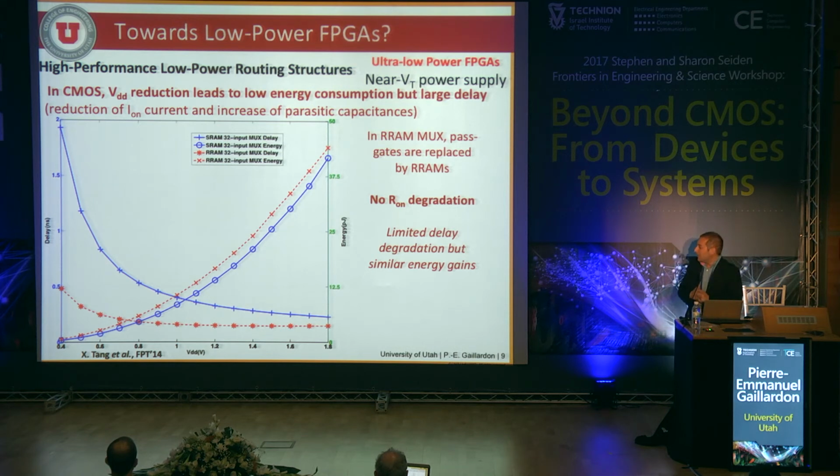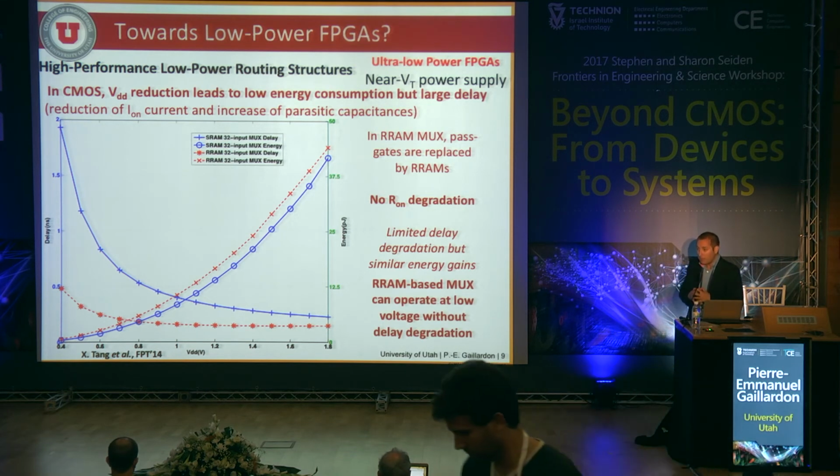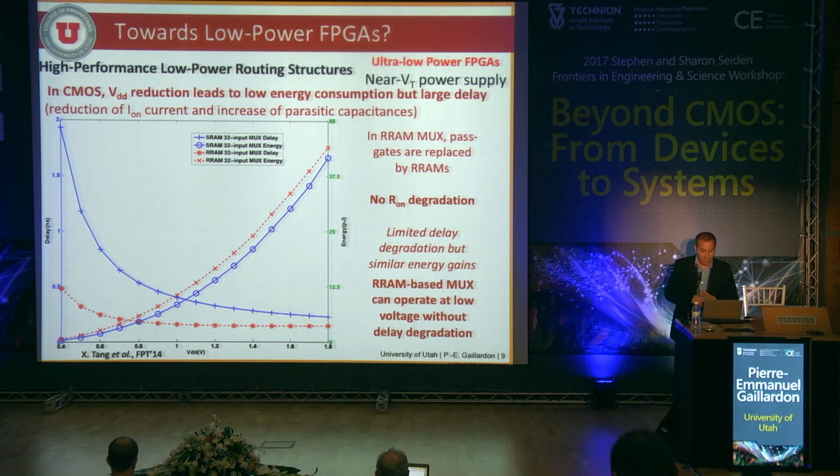What we can see is that while the energy does reduce for both technologies significantly, quadratically actually, when you reduce VDD, we are able to maintain the same level of performance for much longer. In particular, we can play in the near-VT and sub-VT range without any performance degradation, but still getting the power benefit. So that's one of the key messages here: RRAM-based routing multiplexers can operate at low voltage without delay degradation.